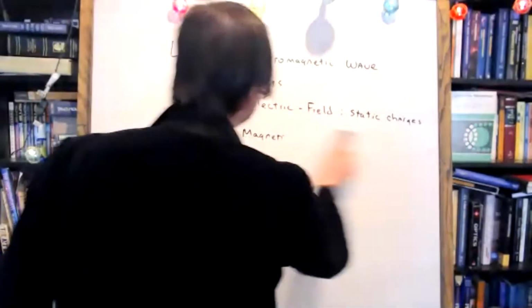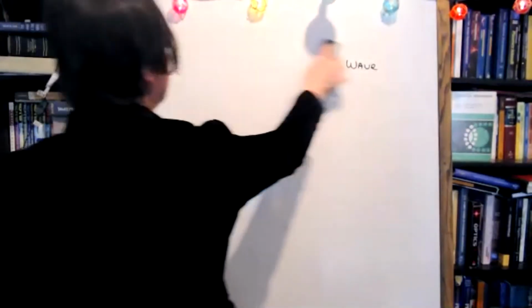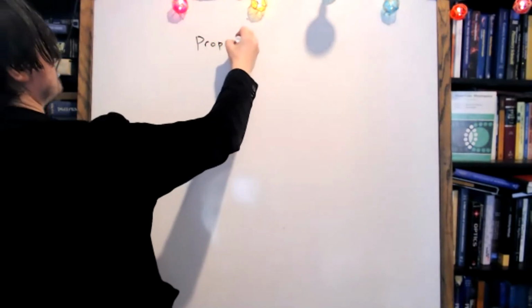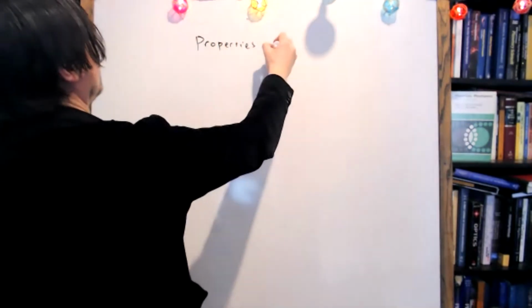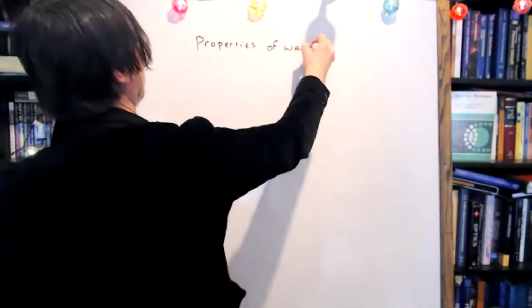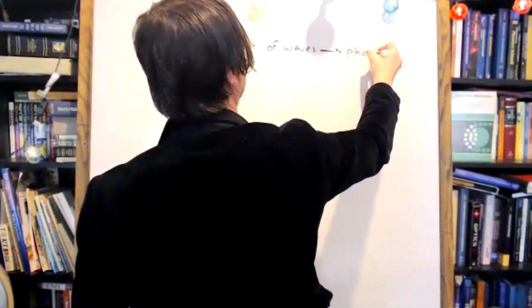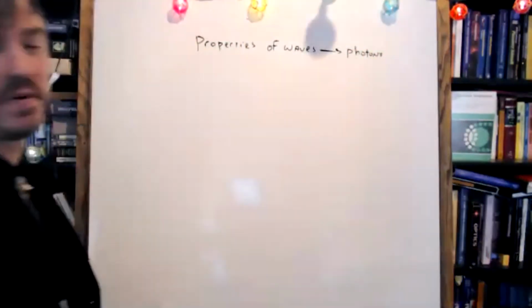Okay. The last little bit that we need to do before we can tackle our homework today, we've almost done everything. We need to talk a little bit about the properties of waves. And these are properties that are common to all waves, but here we're going to be taking a look at photons in particular, okay?